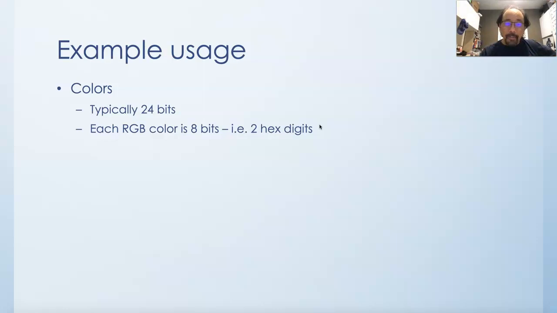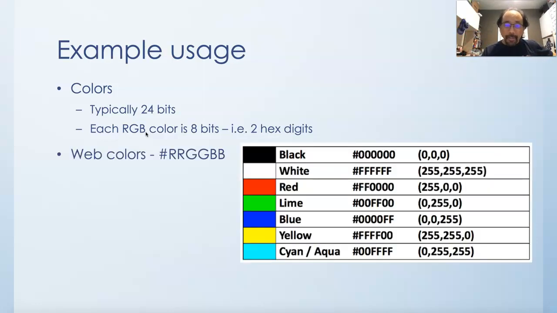A specific example might be colors. Colors are something that we encode using 24 bits. We have 8 bits for red, 8 bits for green, 8 bits for blue, and if I wrote them out as 24 bits of ones and zeros, it would be really unreadable. So instead, it's pretty nice.